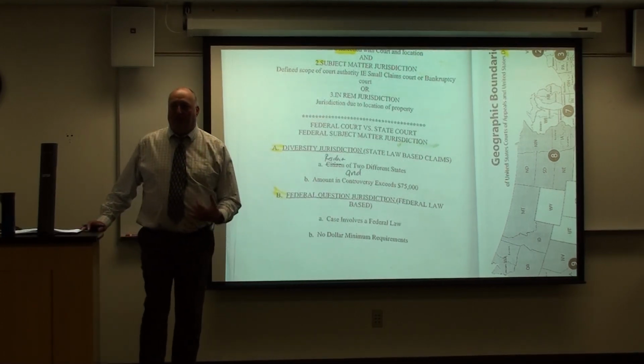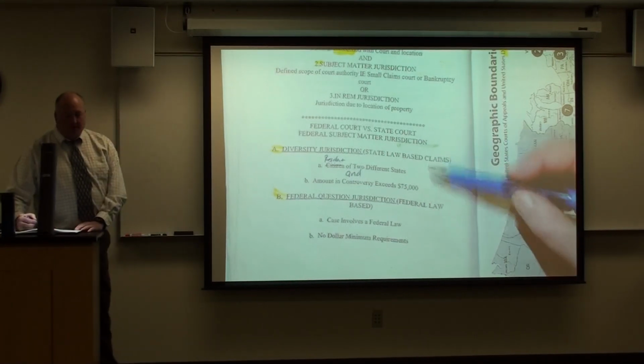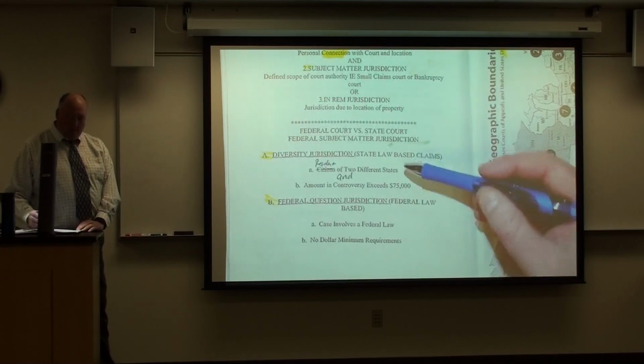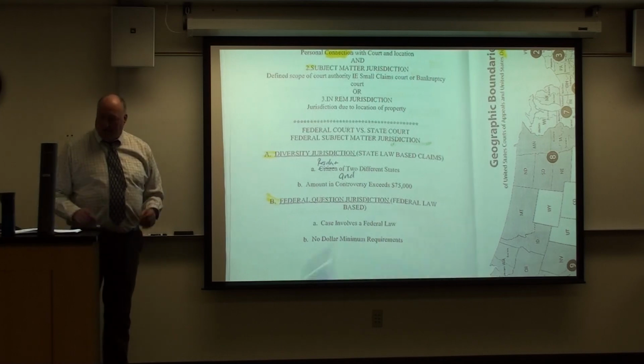So out of those 10, be able to list up to 6, probably only 4. And I want you to know how do you get to federal court? Either through federal diversity, or if it's a federal law, you go every time.